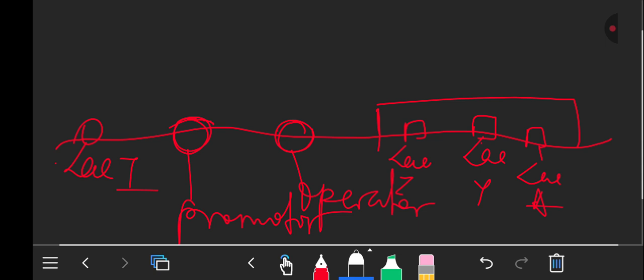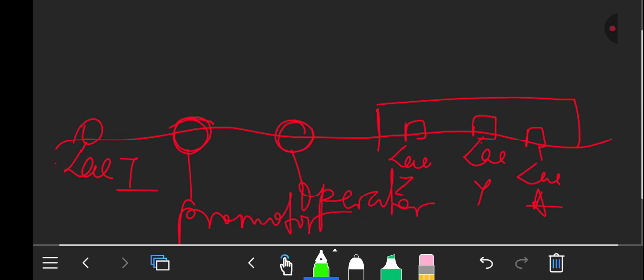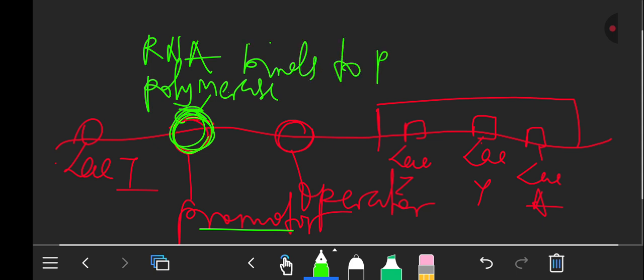So now let's understand what really happens. When you're talking about the promoter, this is where the RNA polymerase is going to bind. The RNA polymerase binds to this promoter.